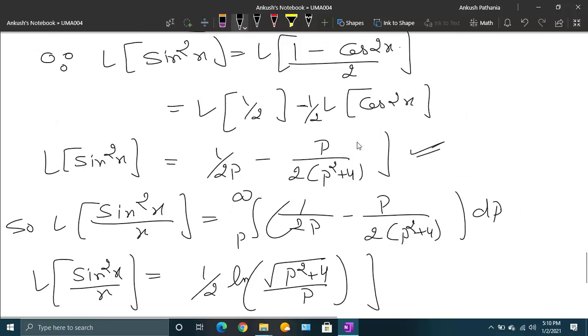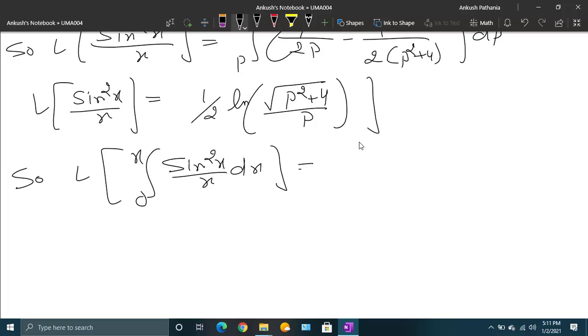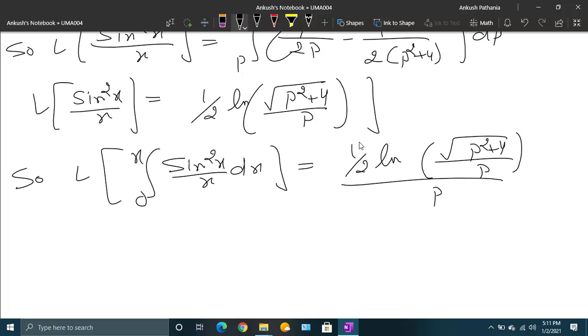So the Laplace of the integral from 0 to x of f(x) dx is equal to F(p), which is here, 1 by 2 ln of under root p square plus 4 upon p, whole divided by p. So this is the result for the Laplace of the integral from 0 to x of sine square x upon x.